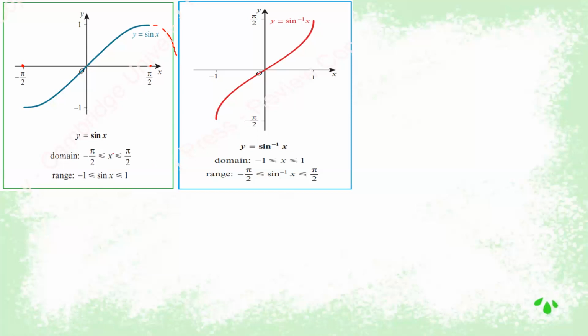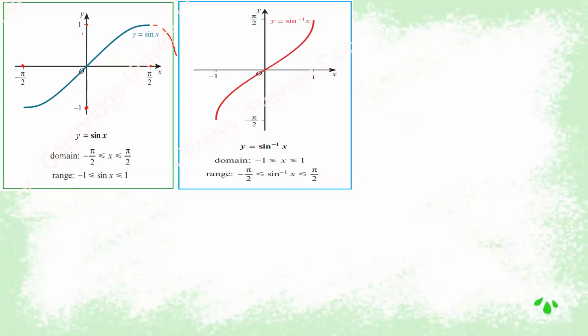So they restrict it to a specific range, from minus 90 to 90. The curve of sine is like that, and for the inverse, you can see what happens: when you find the inverse of any function, the domain and range are changed. Here you can see that for y equal to sine of x, the domain is minus pi over 2 to pi over 2, and the range is minus 1 to 1, where the maximum value is 1.